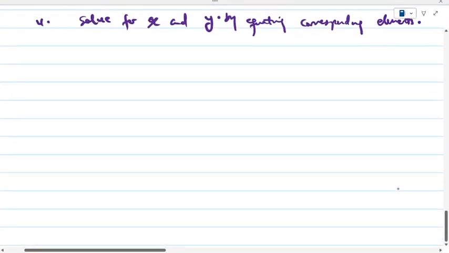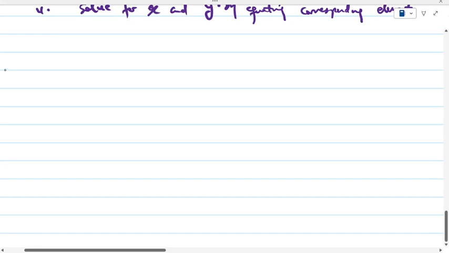Okay, so let's take this example and check this procedure one after the other. Example 1.